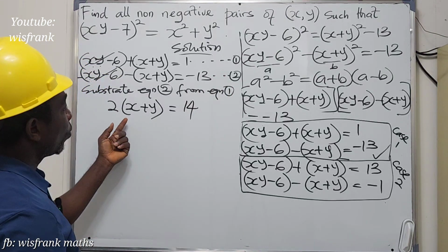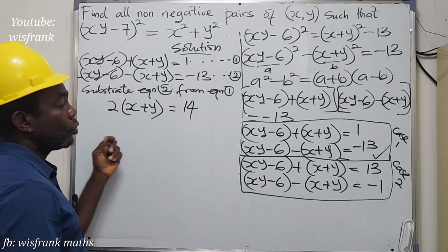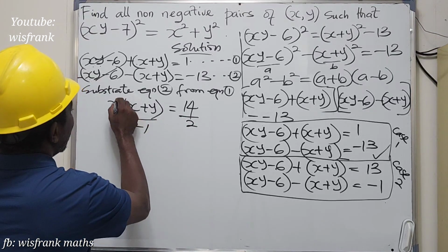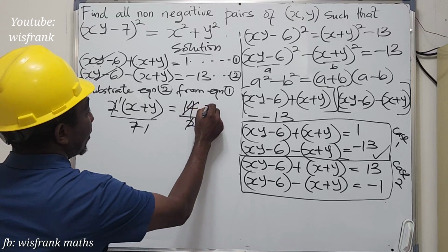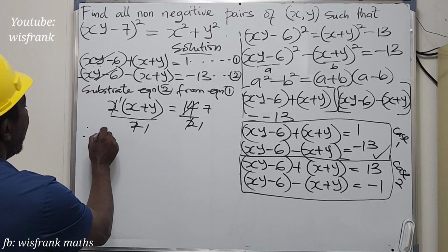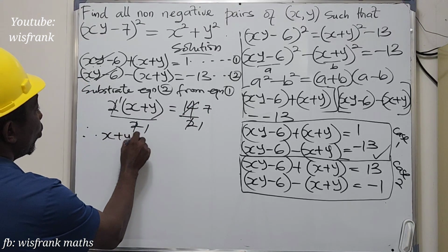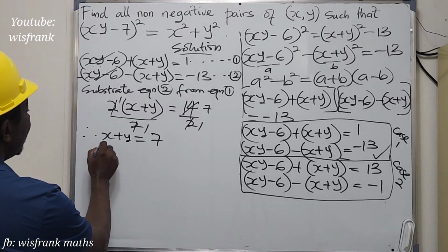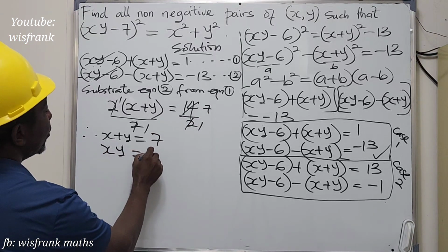So in this case, we can divide both sides by 2. Here divide by 2 and here divide by 2. 2 cancels here, 1, and 2 cancels here, 7. Therefore, our x plus y will be equal to 7. And with further simplification, we have xy equals 0.